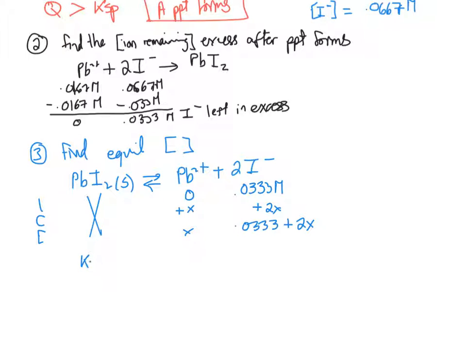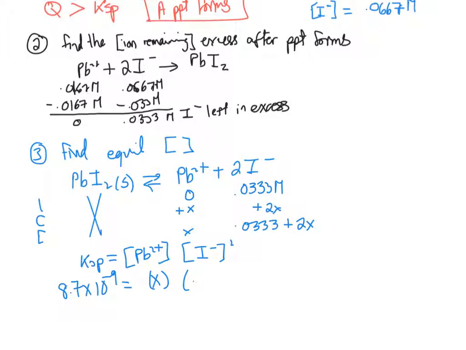I write my Ksp expression next: concentration of the Pb2+ times the concentration of the I- squared. My Ksp is 8.7 times 10 to the negative 9th. That is equal to X times 0.0333 plus 2X. Don't forget that that quantity is squared.